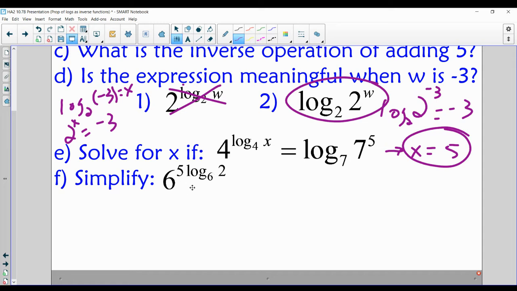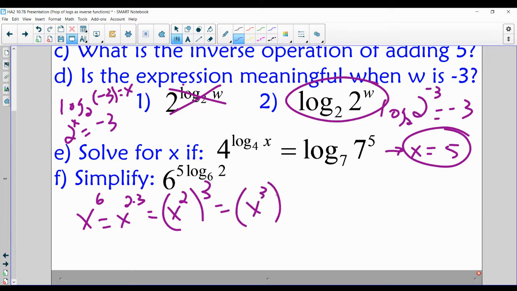So let's manipulate this around. Remember that x to the 6th is the same thing as x to the 2 times 3, which is the same thing as x squared to the 3rd, which is the same thing as x to the 3rd squared. All of those would be the same thing.